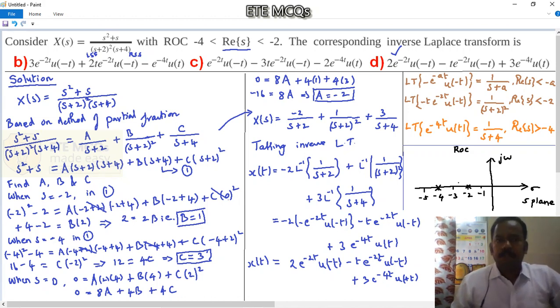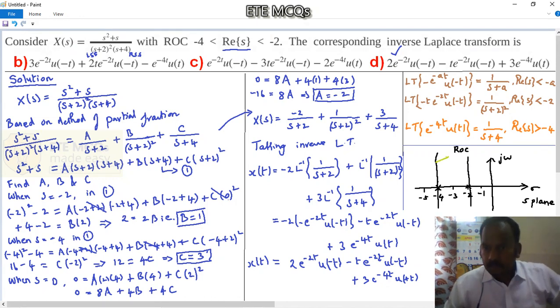Now what is said is that the region of convergence is outside minus 4 and less than minus 2. So the region of convergence will be on the right hand side of minus 4, and on the left hand side of minus 2.